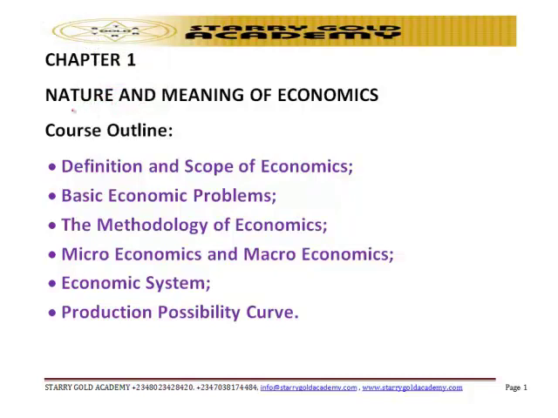Under chapter one, we'll be looking at the nature and the meaning of economics, and the course outline includes the definition and the scope of economics. We'll be considering the basic economic problems, the methodology of economics, microeconomics and macroeconomics, and economic systems.